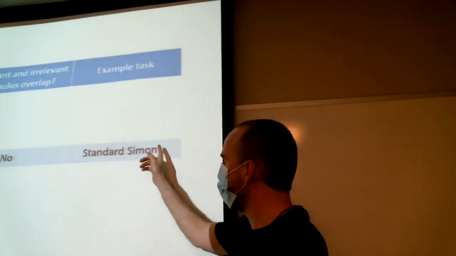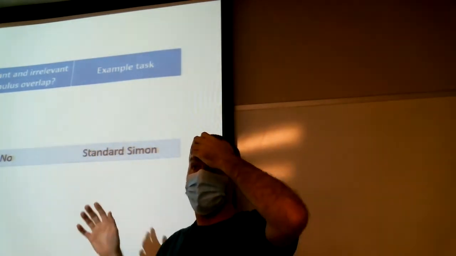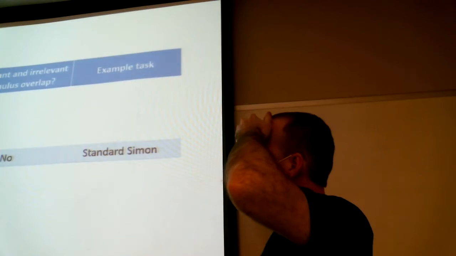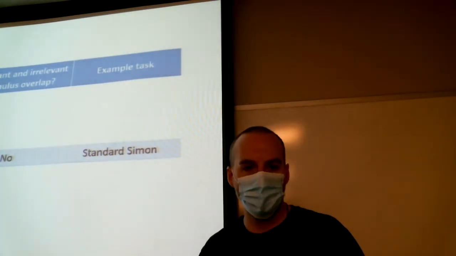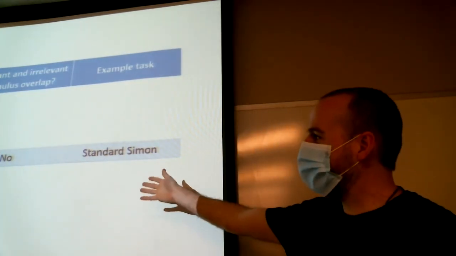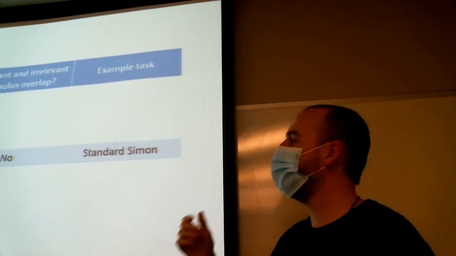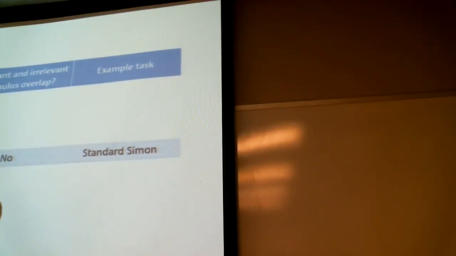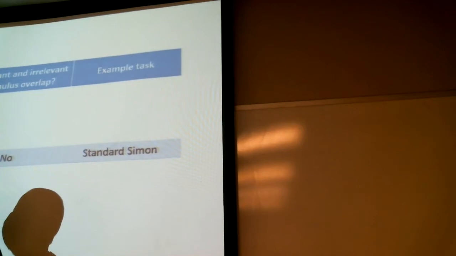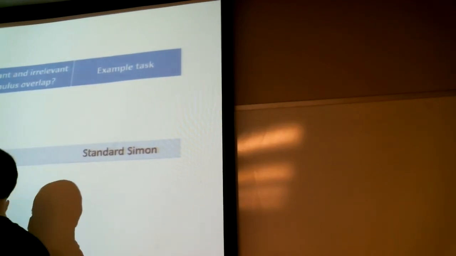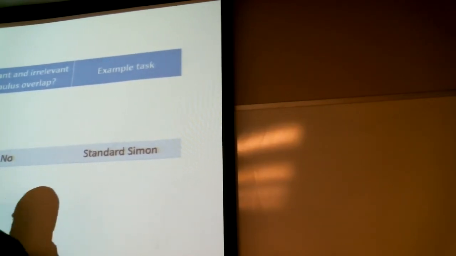An example task is the standard Simon, this version of the Simon. But there are other ways to achieve this with different types of stimuli. You might be thinking there must be other types of tasks where the answers are yes, no, no, or no, no, yes, or what about yes, yes, no?